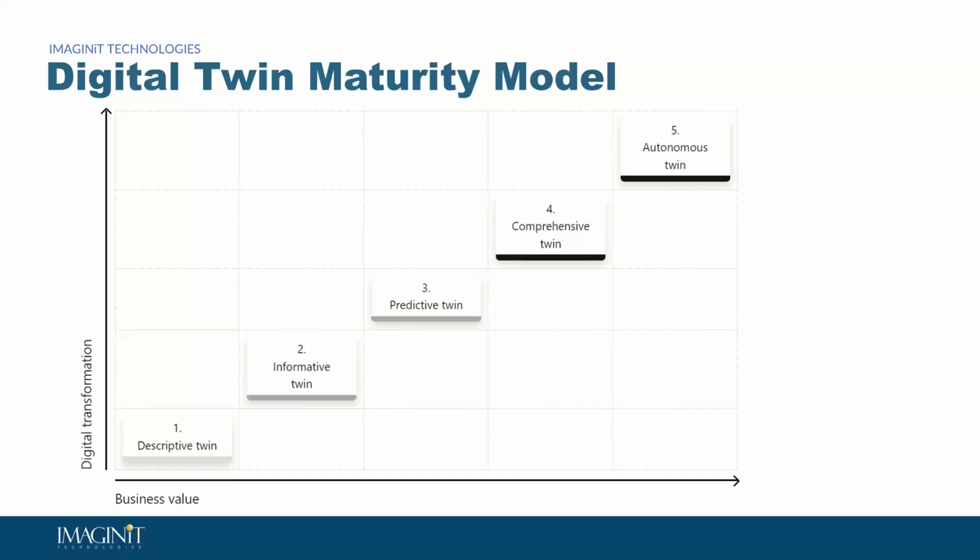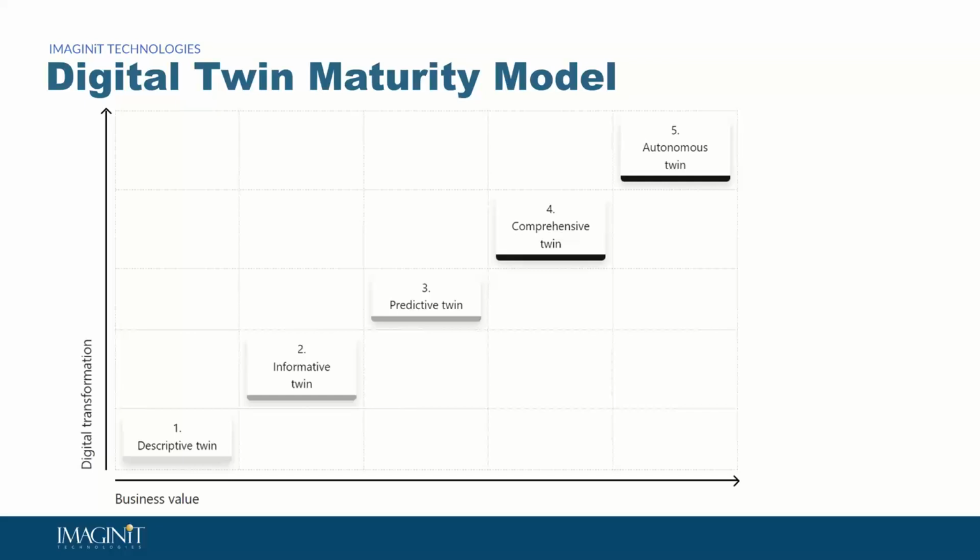Ultimately, these first three steps may be where most of us are, whether it be 1, 2, or 3. We're moving into the next stages, 4 and 5. These are where we're headed.